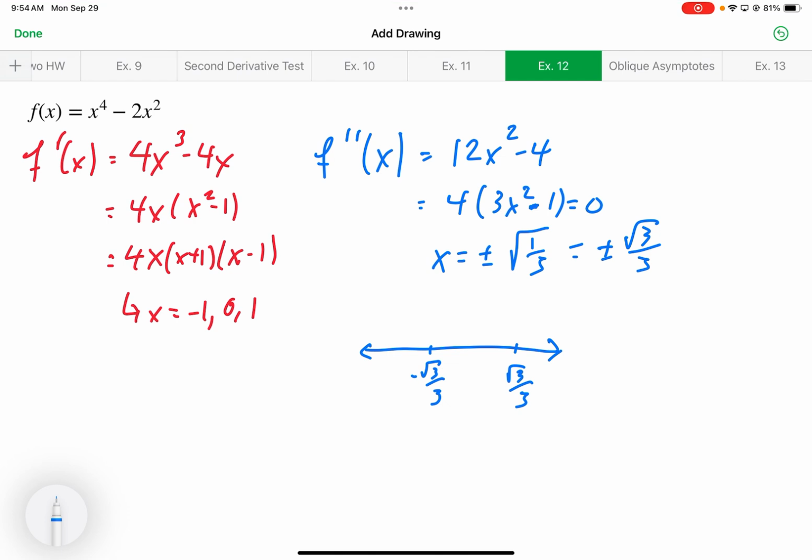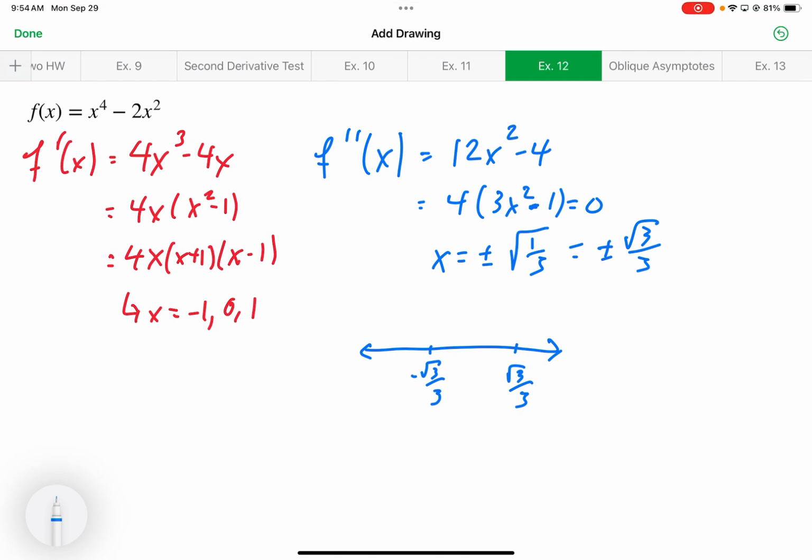Less than 1, good. Because square root of 3 is like 1.73 or something like that. I can't remember exactly what it is. So then you divide it by 3, and it's going to be less than 1. Okay, so then let's actually just figure out what our concavity is.